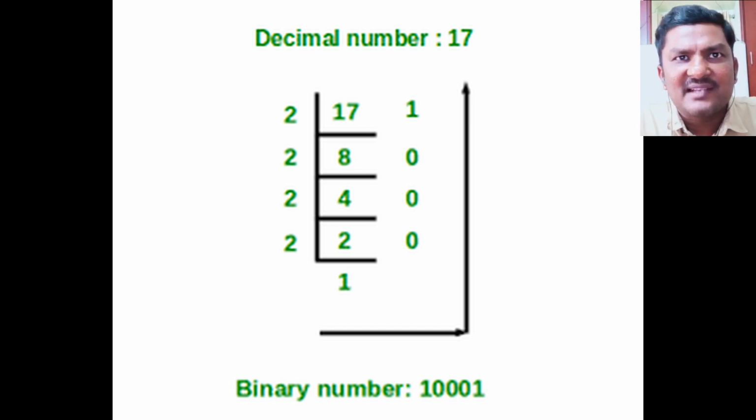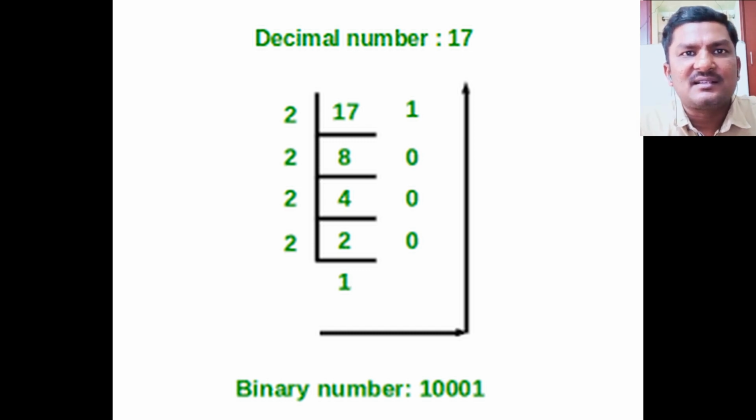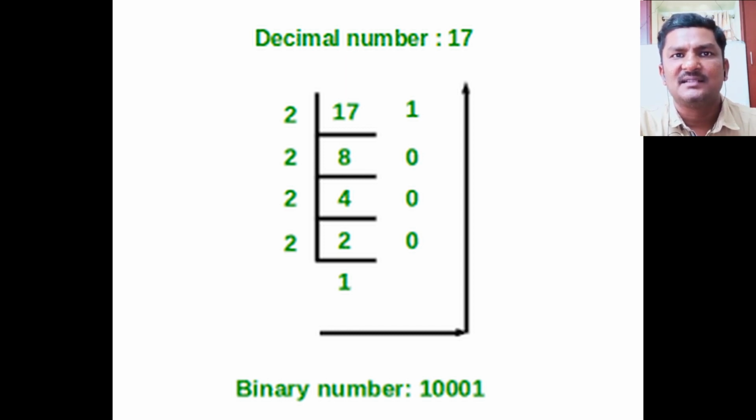For example, I consider the decimal number 17. How do we convert the decimal number 17 into a binary number? By continuous division of that number by 2. 17 divided by 2: 2 eights are 16, so the remainder is 1.